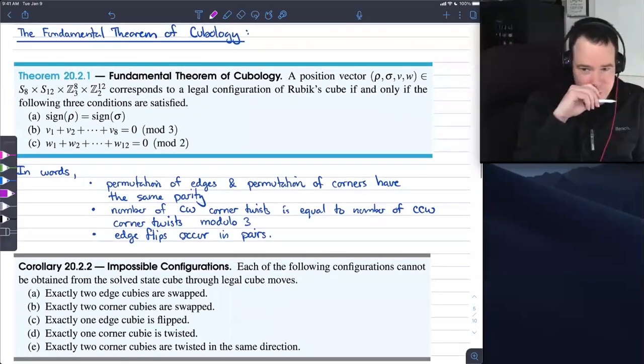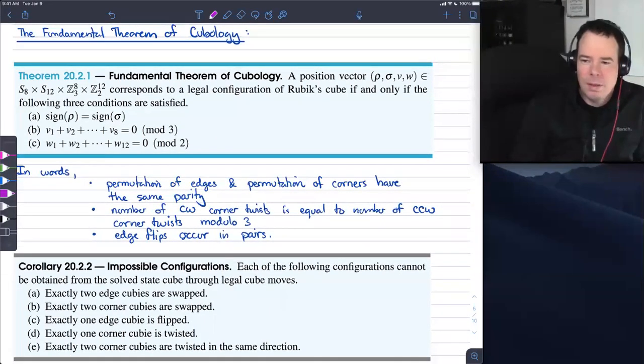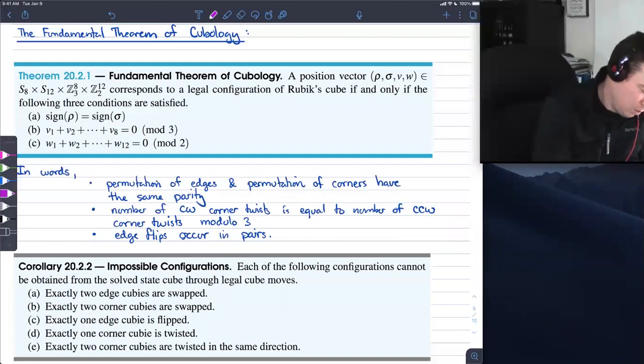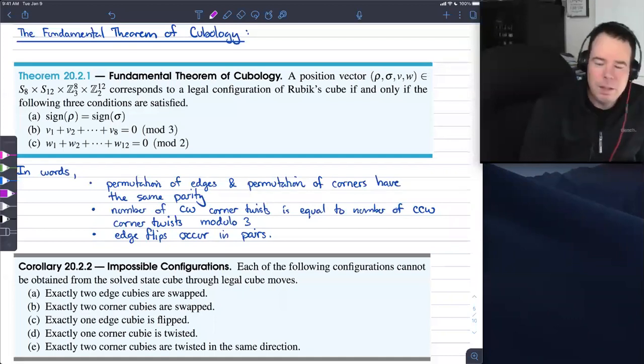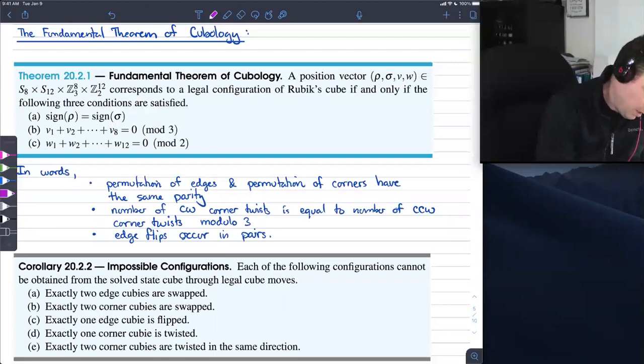And here's our solvability criteria. A position vector rho, sigma, v, w corresponds to a legal configuration of the Rubik's Cube, or in other words, something you could solve, if we have the following three conditions satisfied. The parity of the permutation of rho is the parity of the permutation of sigma.